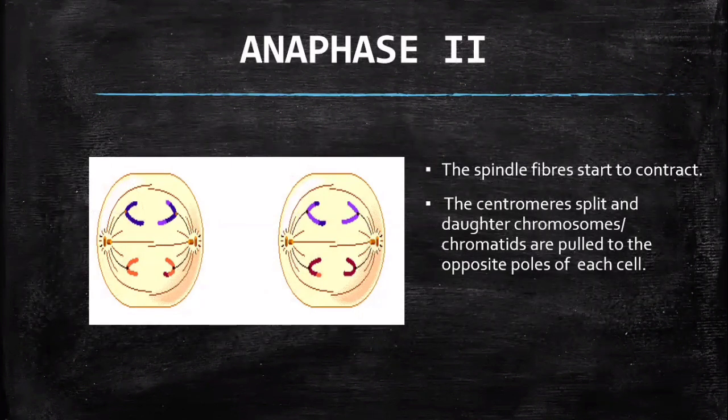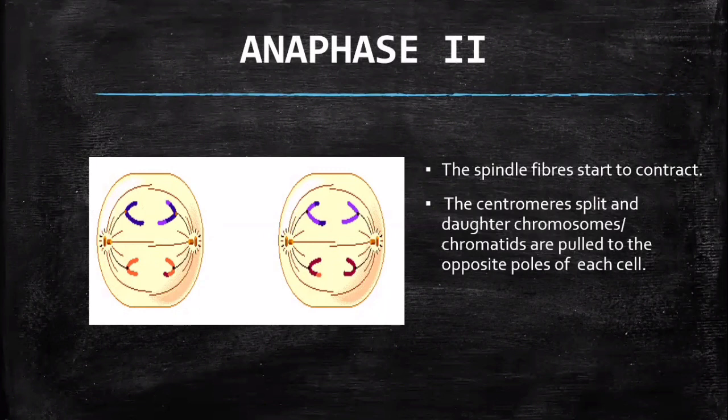What happens now is that the chromatids are pulled in opposite directions towards opposite poles. So Anaphase II of meiosis is similar to anaphase of mitosis.